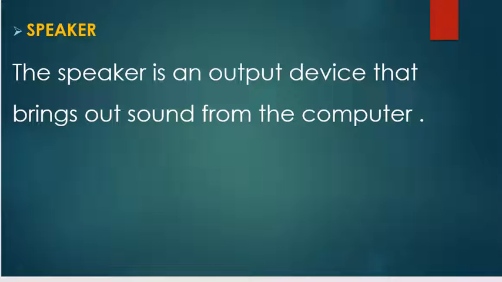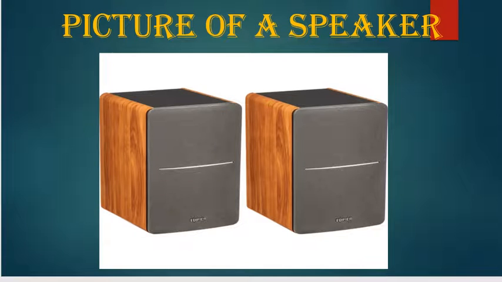If you play a music, the sound comes out from the computer through the speakers. So the speaker is also an example of an output device. Now let's have a look at how a speaker looks like. On our screen we can see a pair of speakers. Okay, and the main function of the device is to bring out sound from the computer.